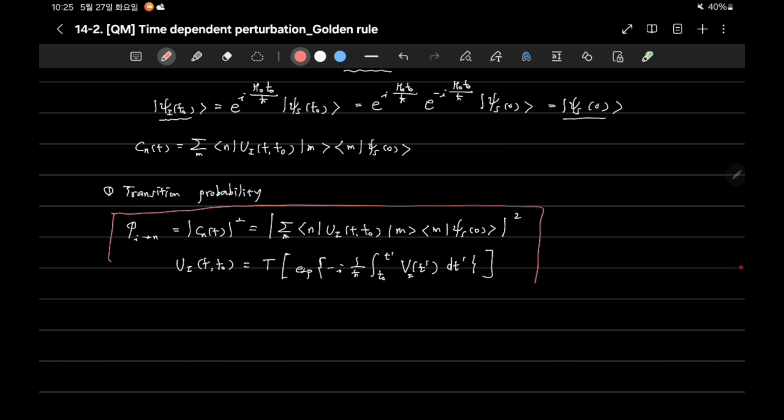Our purpose is to calculate this transition probability.